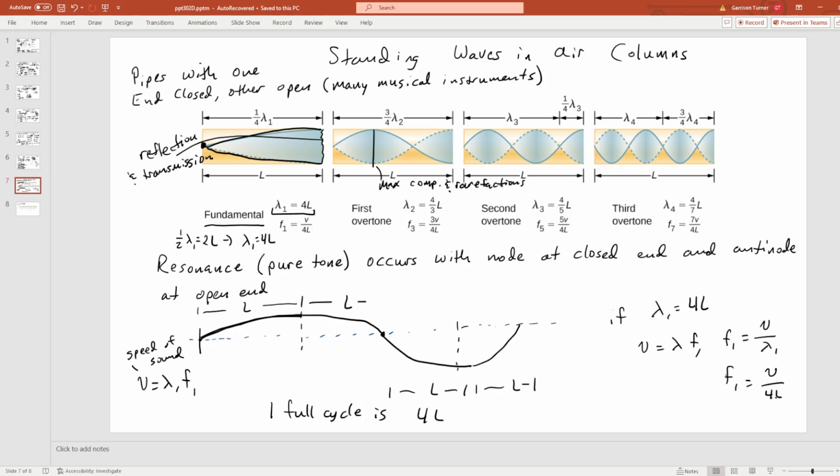Okay, so if you have a wind instrument, then you can actually calculate the fundamental frequency that that instrument will resonate at if you know the length of the instrument. So, in the cases of a pipe or a flute, it would be very easy to measure the length of your flute.